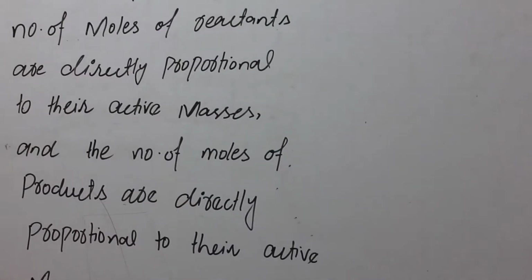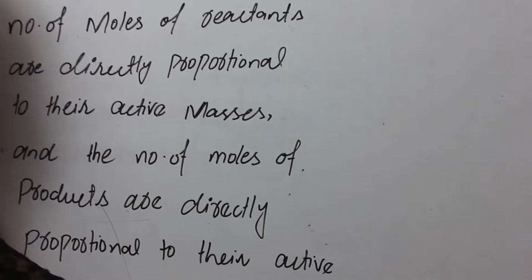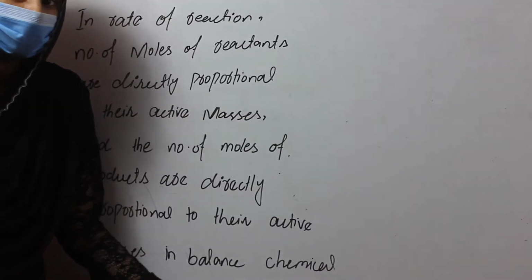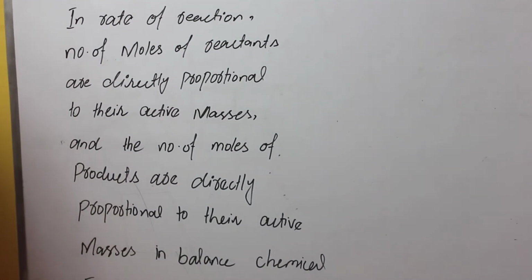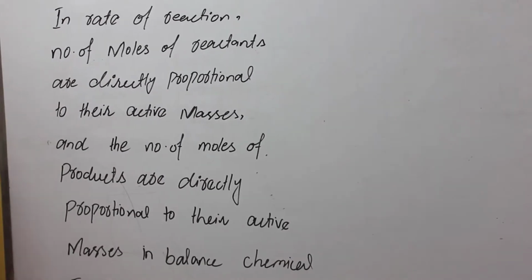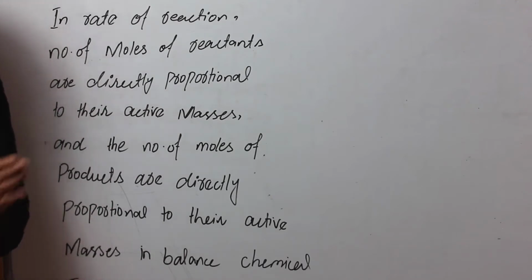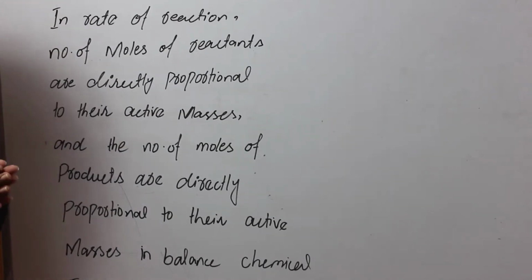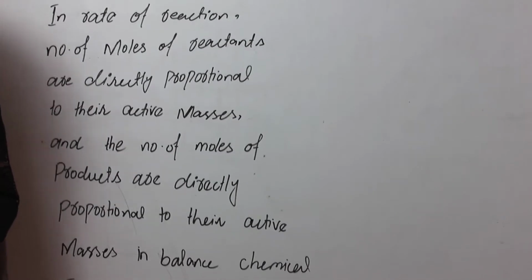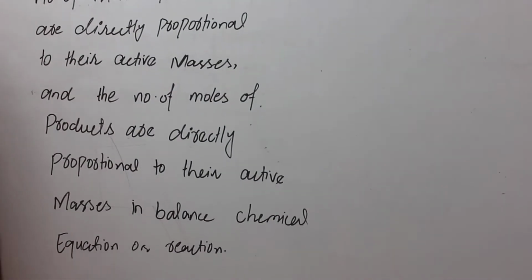The new and important thing is that they are present in a balanced chemical equation. If we want to attain the equilibrium constant according to the law of mass action, first of all we need a balanced chemical equation. If we don't have a balanced equation, then we can't apply the law of mass action on that equation.